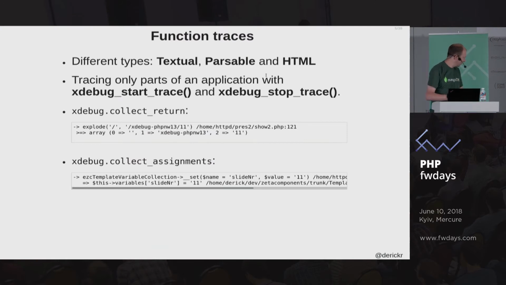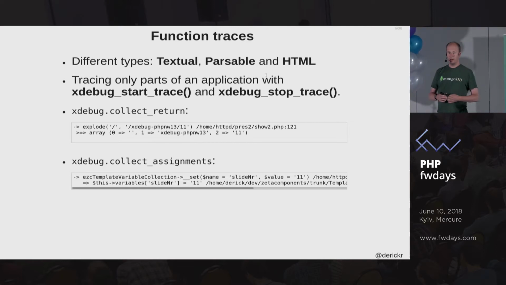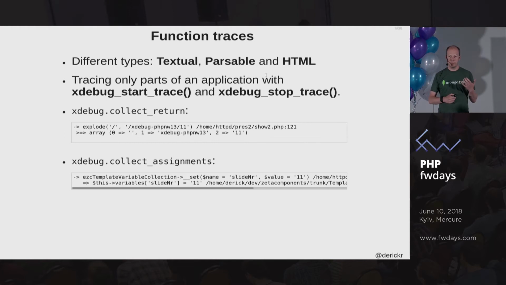All right. So these trace files, as I said, let you see almost everything that happens in your script. The only thing that it currently doesn't do, and that I want to add, is looping structures in PHP. So there's no foreach in there, which is sometimes handy to see, so that you can see where loops happen.